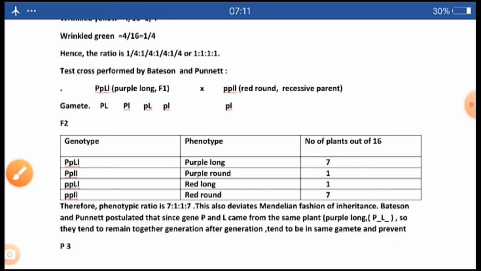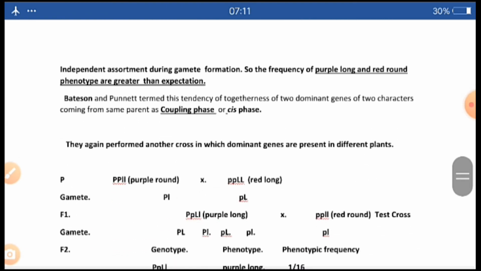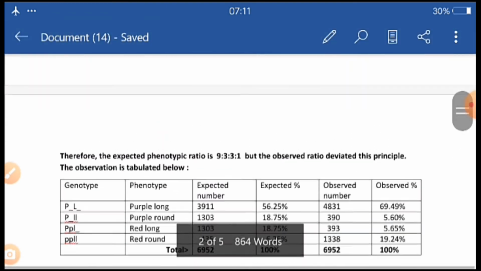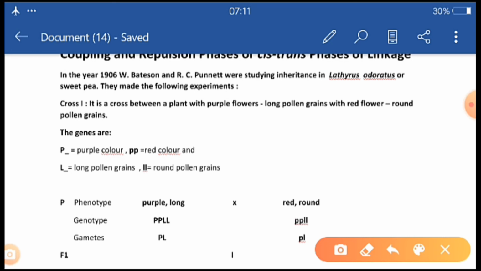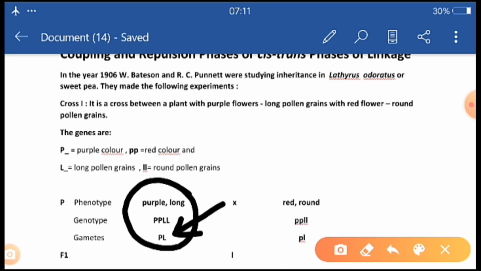Again, I am quoting this. They said that since these dominant factors are from the same plant or same parent, P and L try to be attached to each other generation after generation, and they tend to be present in the gametes together.